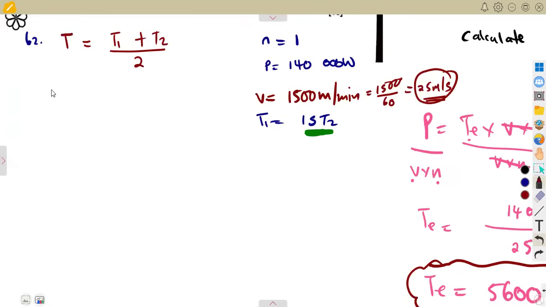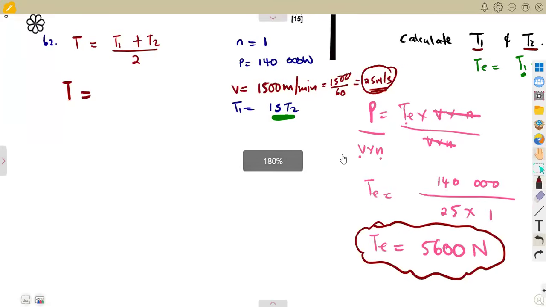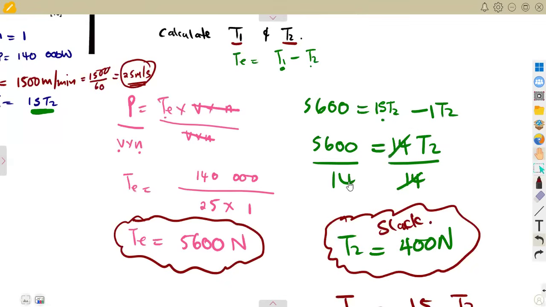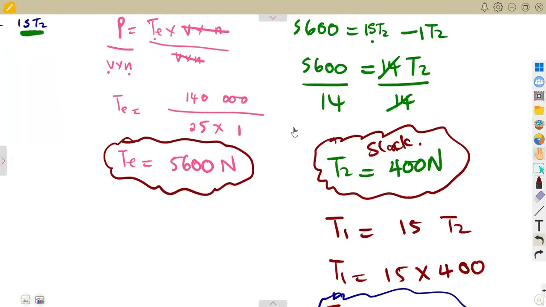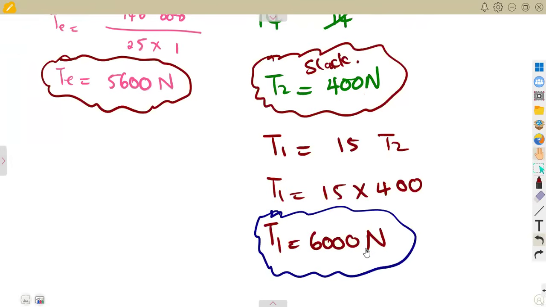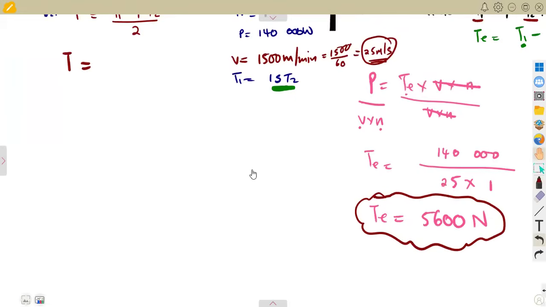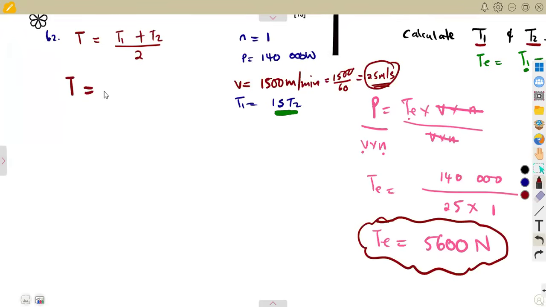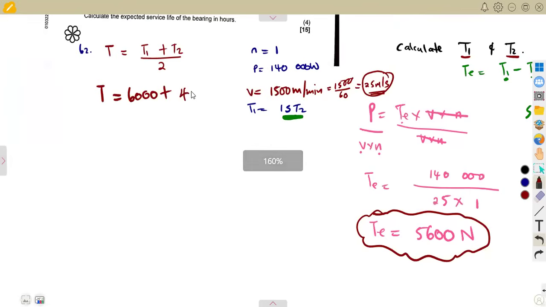So T is going to be equal to T1 that we calculated. Remember our T1, we calculated it as 6,000 Newton. So I've got 6,000 Newton plus T2, which was 400, and everything you divide by 2 according to the formula that you are given there.